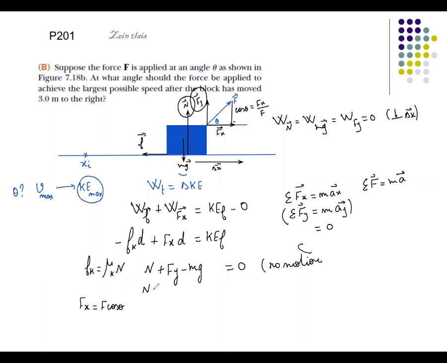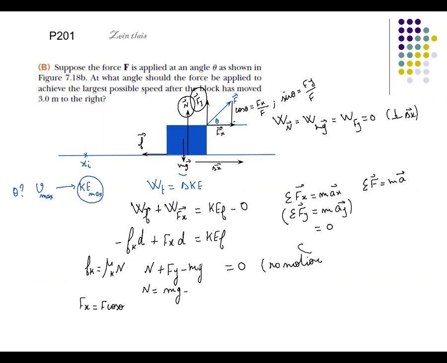So N equals mg minus Fy. And here also in this triangle, sine theta equals Fy divided by F. So Fy equals F sine theta.